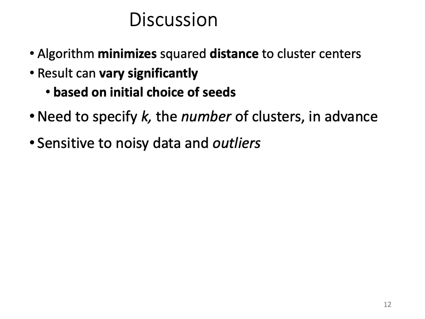And then the other problem is the fact that we are changing the position of those cluster centers based on the Euclidean distance of the instances to it. And so that makes it really sensitive to outliers and noisy data, because those cluster centers will change based on those outliers, which will give you inaccurate clustering results.